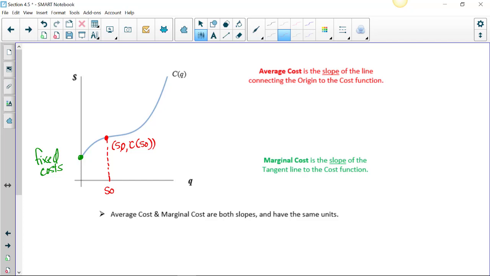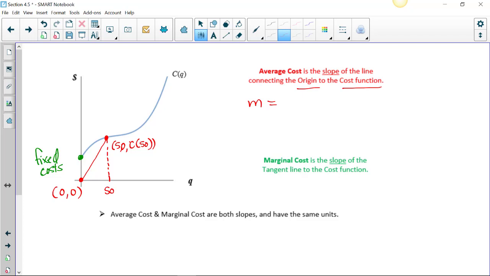The average cost then is the slope of the line connecting the origin to the cost function at that production level. So basically, if I draw a line from the origin to that point, then the slope of that line is the average cost per item, or the cost per item when you're producing 50 items. Let's verify that. Let's find the slope of that line between the origin and that point.